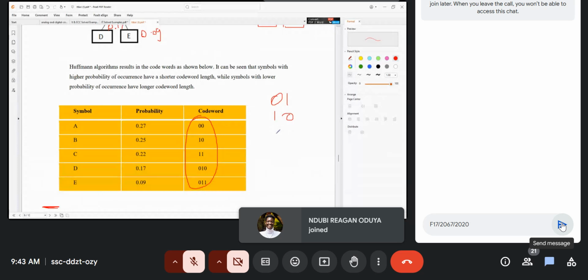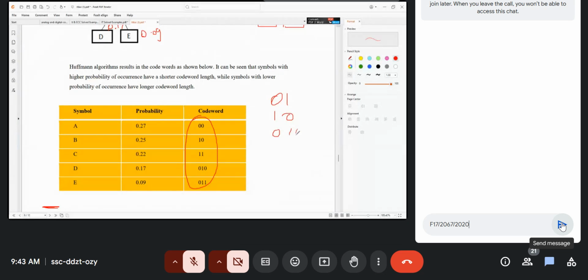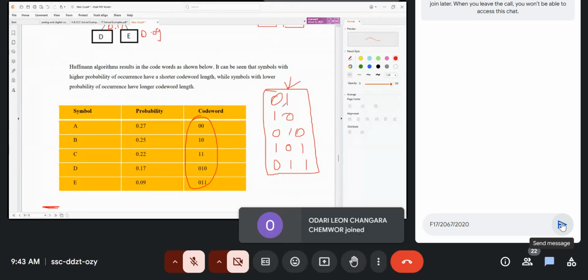Suppose our code was, if this is what we got on the Mkapa Titus, is this a prefix free code on there?